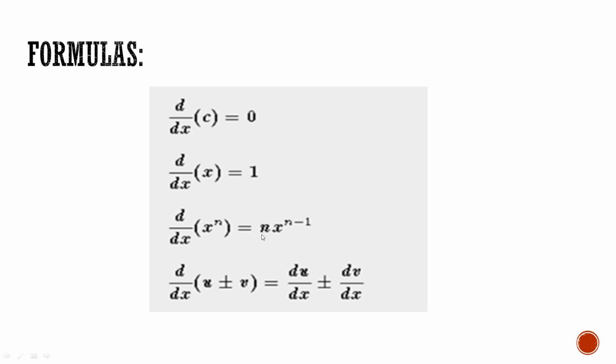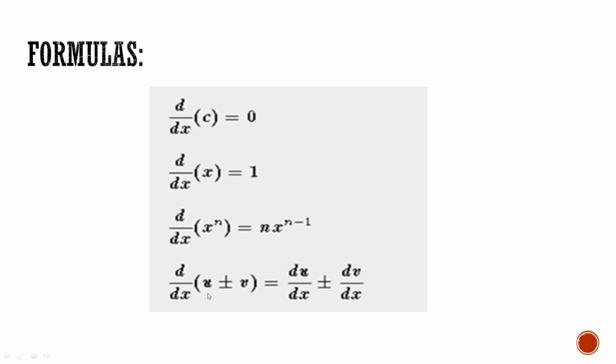So meaning, if you notice here, bring down the n, then copy x, and then subtract 1 from that n. So as simple as that. You bring down n, copy the base, and subtract 1 from the original exponent. So that is how to deal with the power formula.